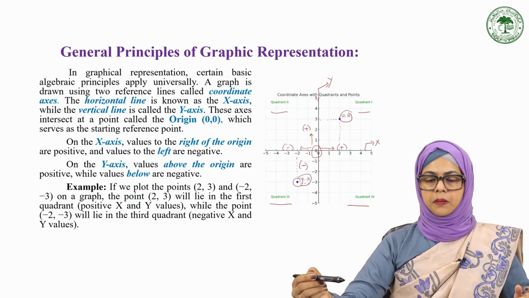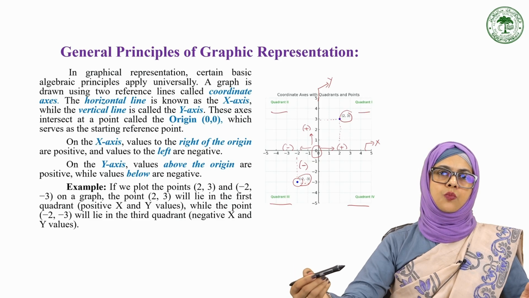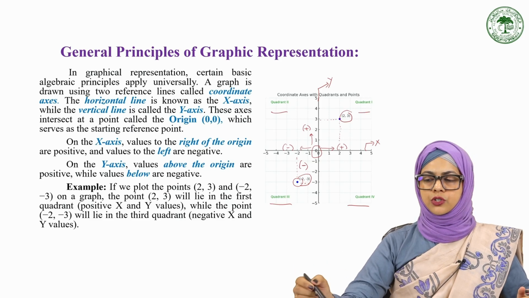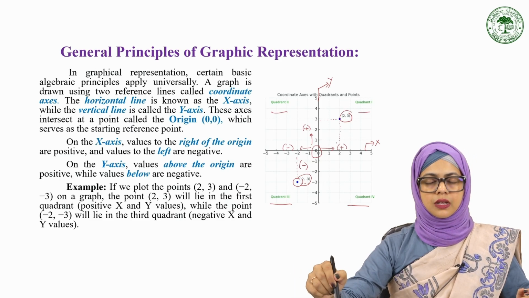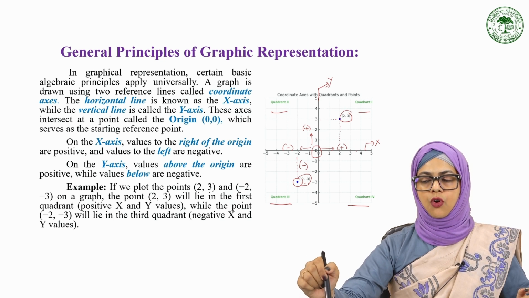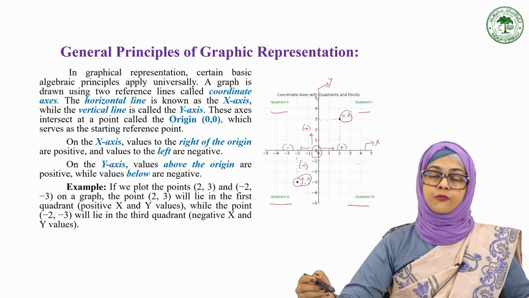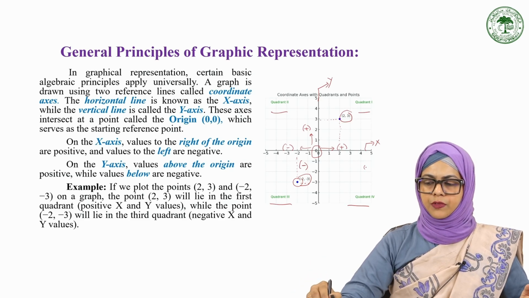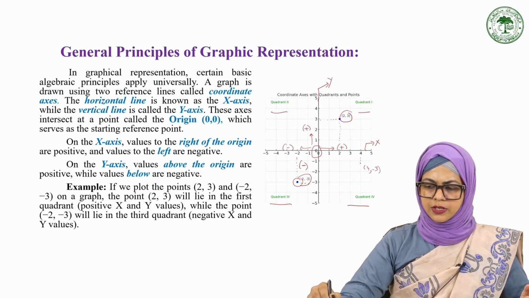Similarly, for any information that you want to plot here, all you have to do is trace the line first from the x, then from the y, and see where they intersect. If, for example, I tell you 4 and -3, what do you do? From 4, you trace a line, -3 is here, and this is the point, right?